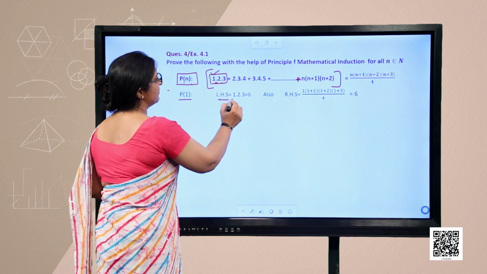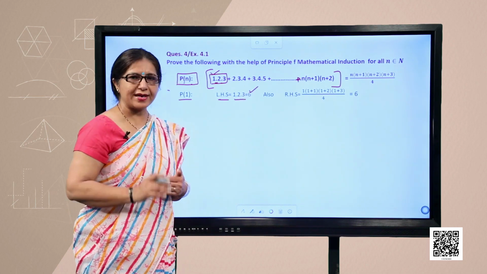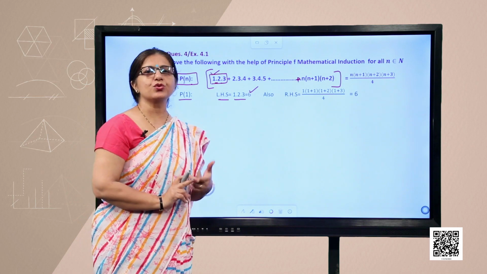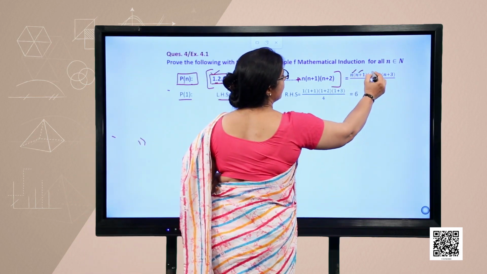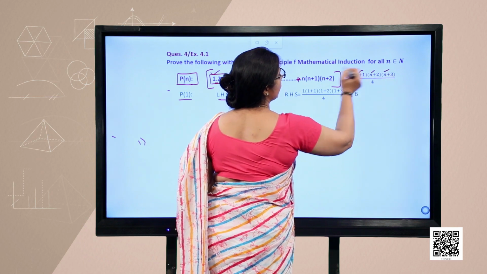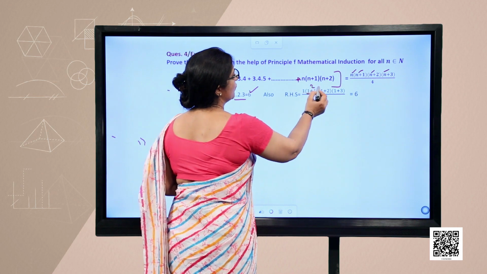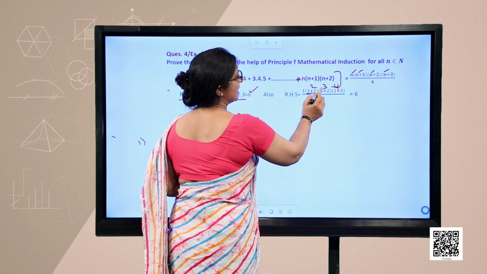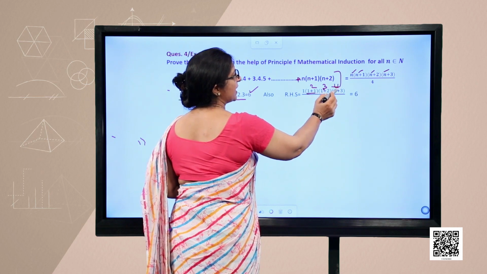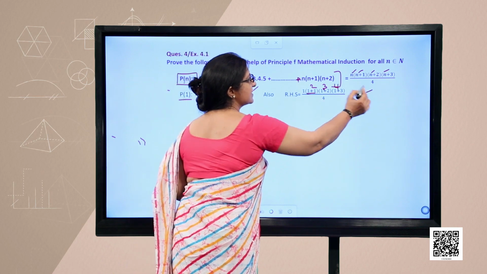So, the left hand side first term result is 6, and when we talk about the right hand side we need to substitute n by 1. Wherever there is n, we will replace it by 1, and this is the case. This is 2, this is 3, and this is 4. 2 multiplied by 3, 6, 6 multiplied by 4, 24 divided by 4 gives us 6.